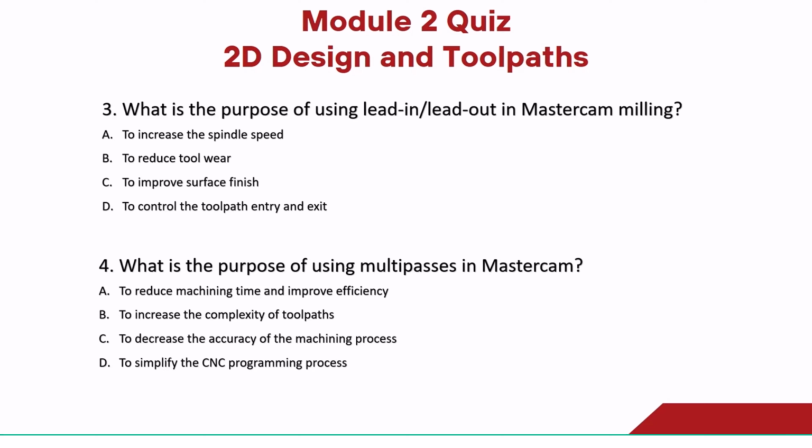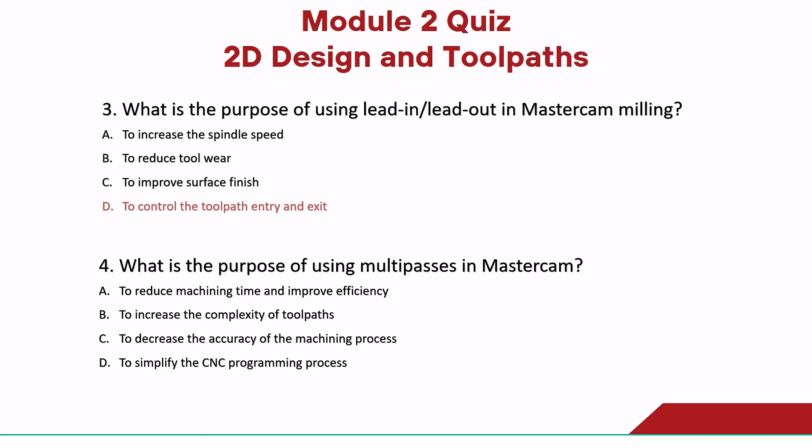So the right answer is to control the toolpath entry and exit. Lead in specifically defines the entry of the cutting tool into the cutting path, and lead out means that after performing the machining operation, the cutting tool will exit from the machining toolpath.